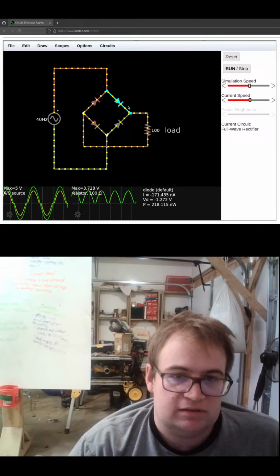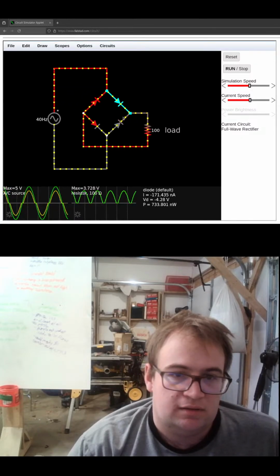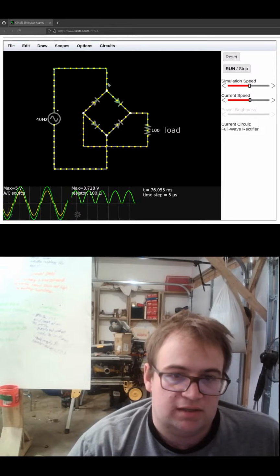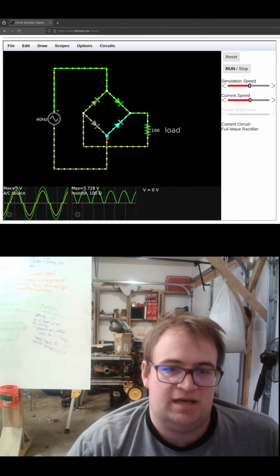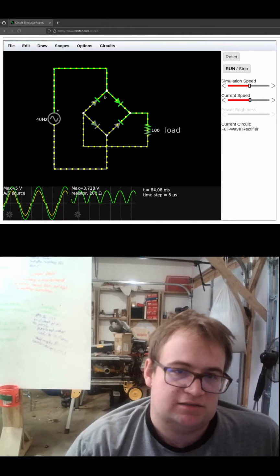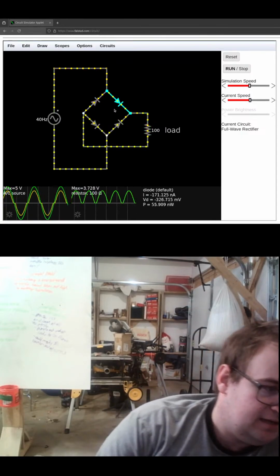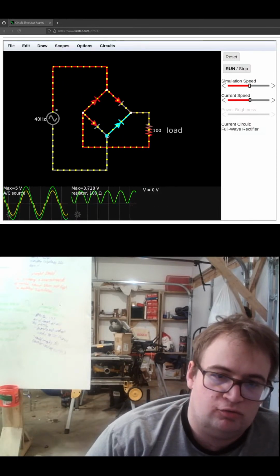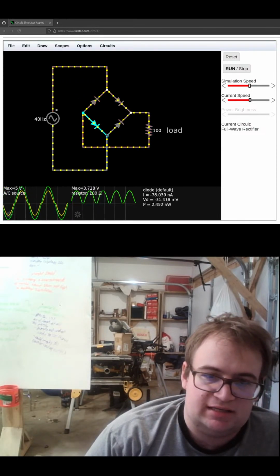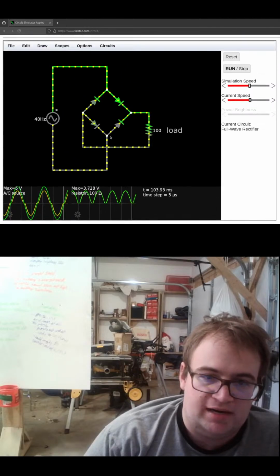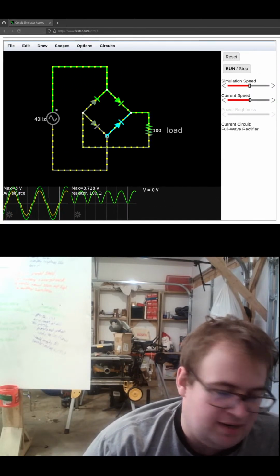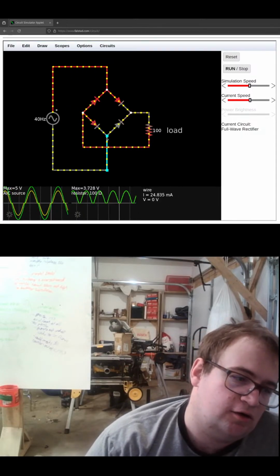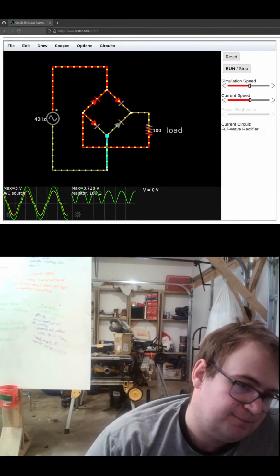So yeah, we see it's going through. Now it's going this way. Ah, yes. So that's what I was doing wrong. So you see, I explained that wrong there again. So what I should have done is said, think about it from right here. When I said, okay, we have minus 5 volts here, I should have said, no, we have plus 5 volts here.